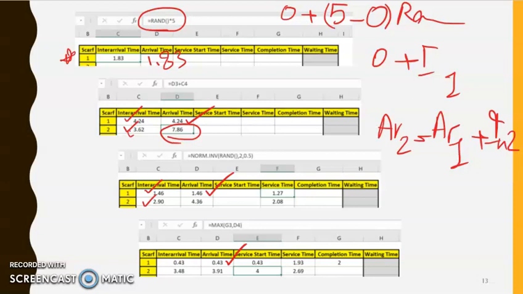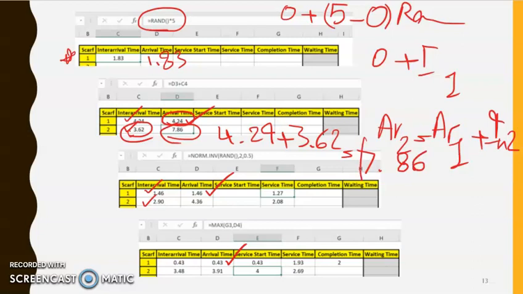So here we have the arrival time of 1, it is 4.24. That plus the inter-arrival of 2, that is 3.62. What would be the result? Here we have 7 on the left side, and on the other side, my handwriting is terrible, 7, and here we have 8, 6. As you can see, it is the number here.